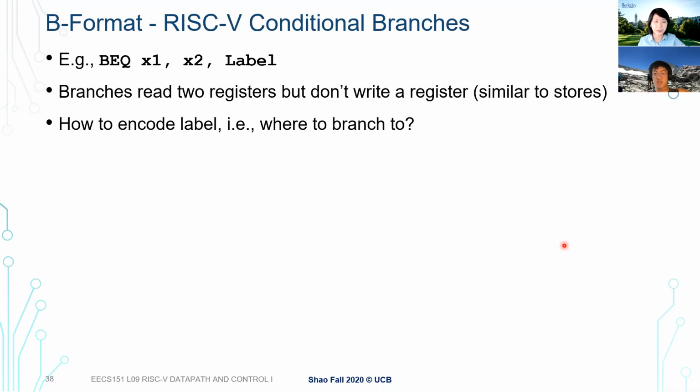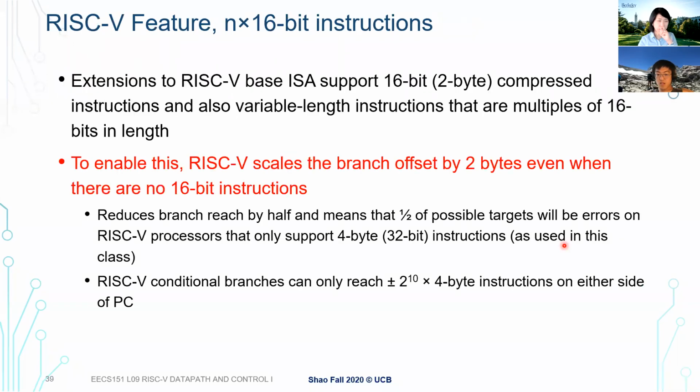Now we get to the encoding question, right? To specify this functionality in our instruction format, in our bit vector, how can we encode that information? Before we get there, we talk about branch, where we need to jump to different places in our program.